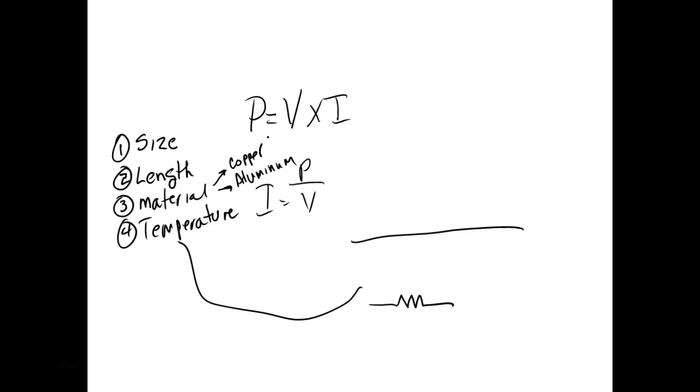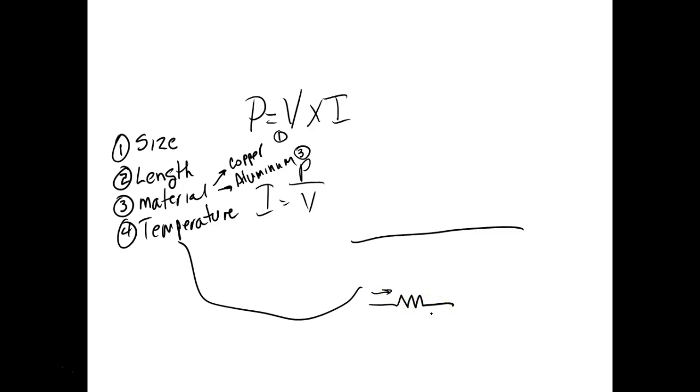Aluminum is almost a semiconductor. Copper's got one electron in the valence shell. Aluminum's got 3. A semiconductor has 4. So aluminum has quite a bit of resistance, right?